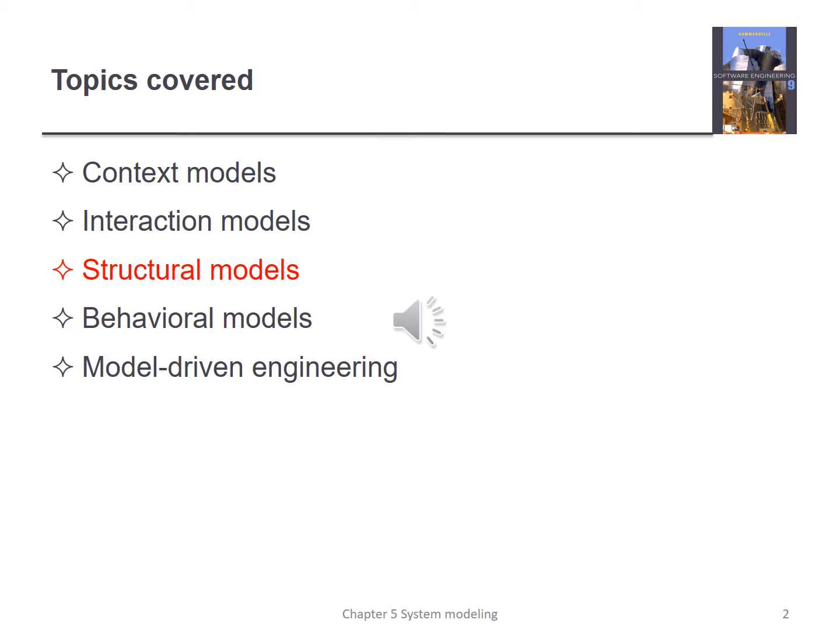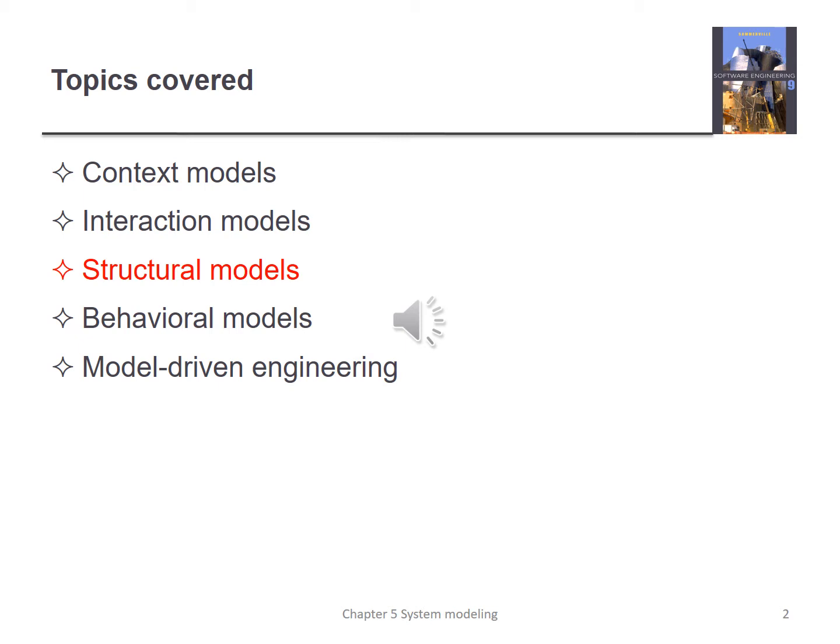As we explained in the previous lecture, we are going to cover four different models in this chapter. The context model, which is really static, and then the interaction models, where we covered the use case and the sequence diagram.